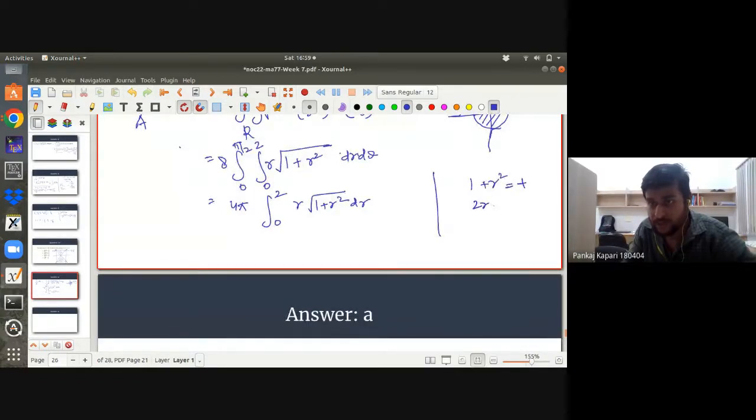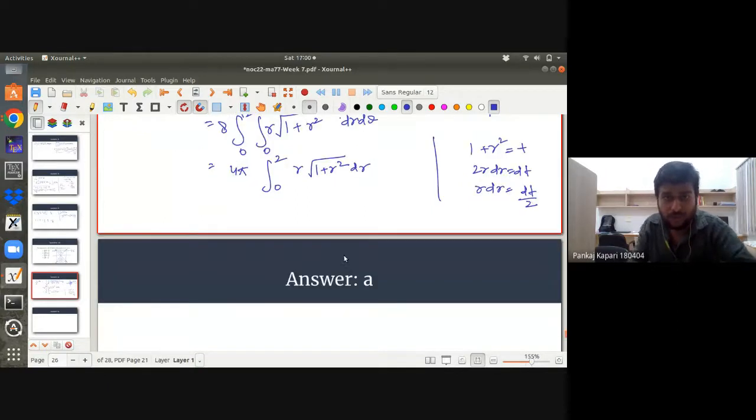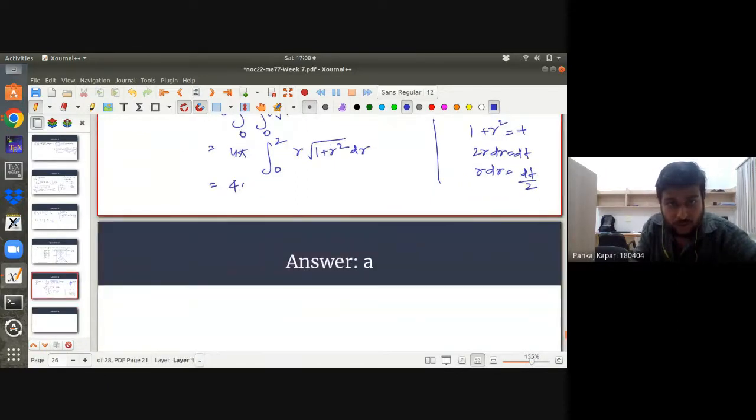Substituting 1 plus r square equal to t, that means 2r dr is equal to dt, so r dr must be dt by 2. If r is 0, then t becomes 1. When r is equal to 2, t becomes 5.